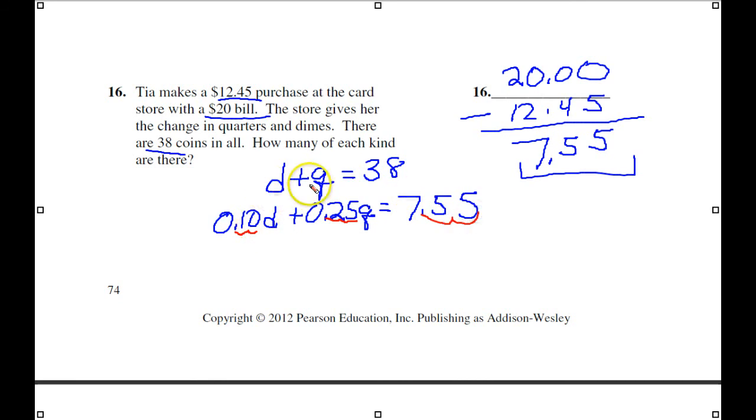And then solve for either D or Q, and then substitute, and that'll give you what you need. And again, all of the answers are in the back of the booklet here, and there were 25 quarters, and there were, let's see here, 13 dimes.